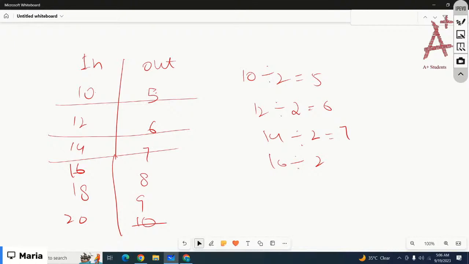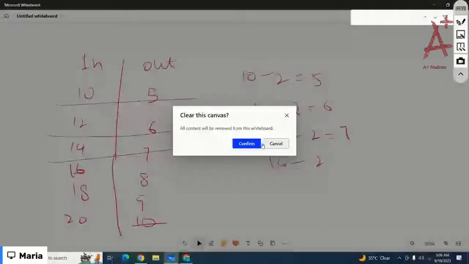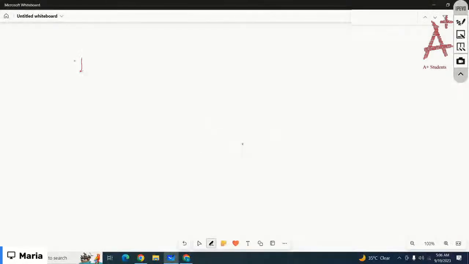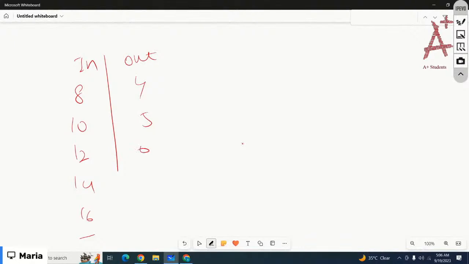Let's do another example. The input values are 8, 10. Okay, so how do you find the relationship between the input output values?